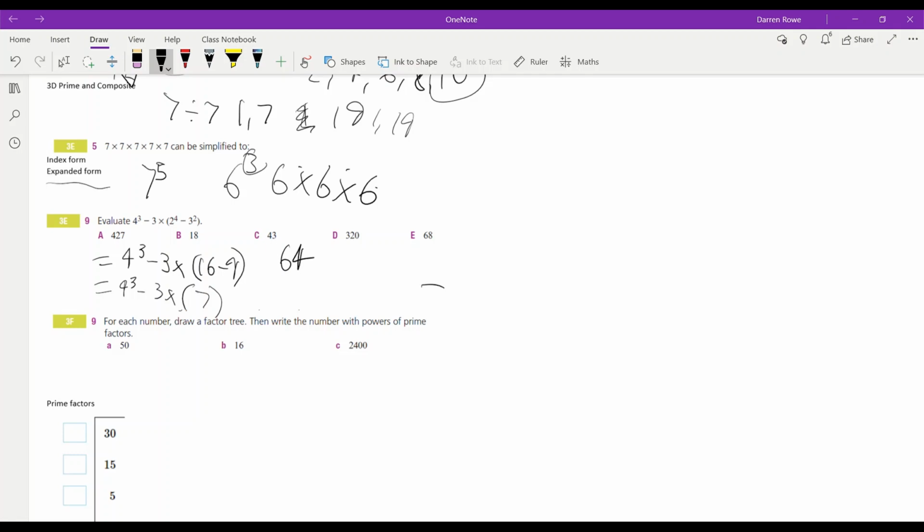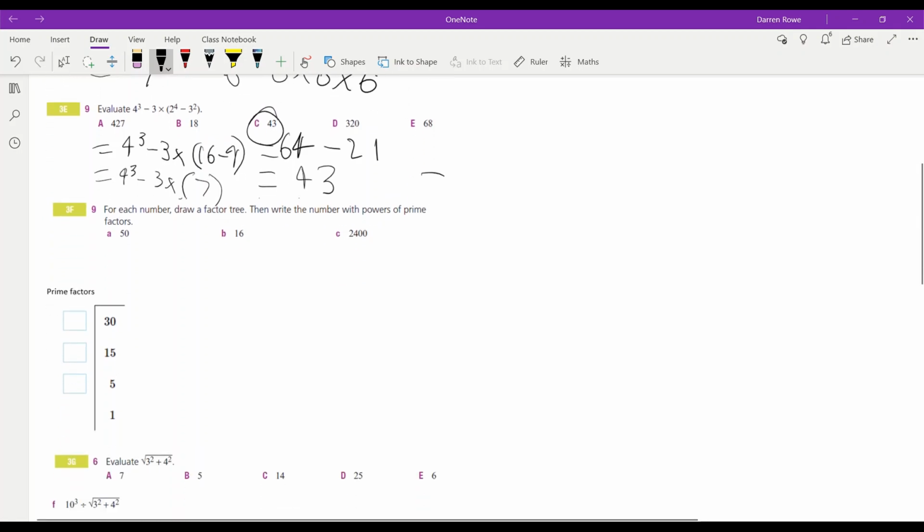The rush of having to do it faster really got to me. Anyway, 4 cubed equals 64, and then minus the 21 from the 3 times 7, and then you work that out, it would be obviously 43, which is C, and that's the answer for that one.